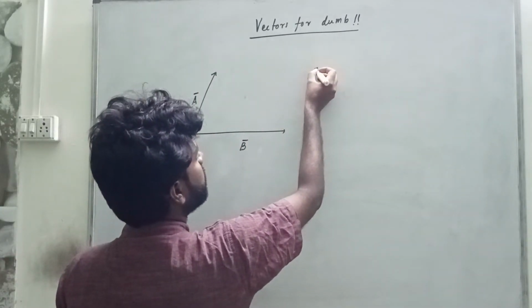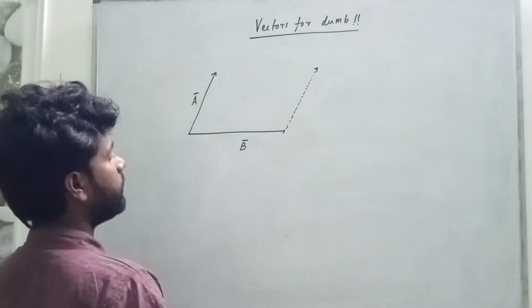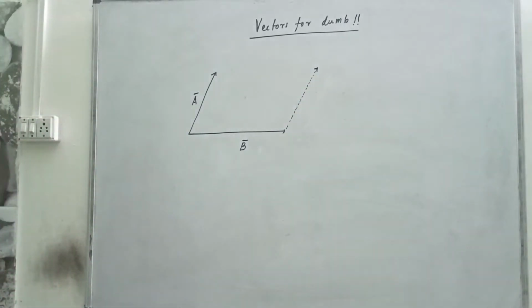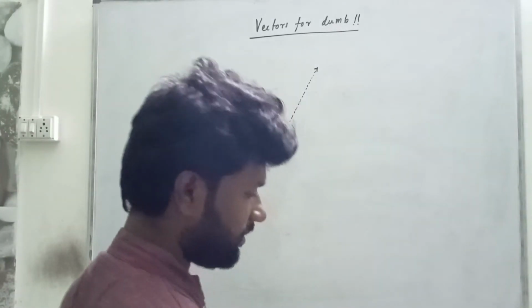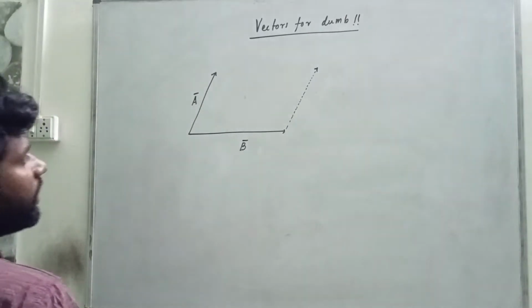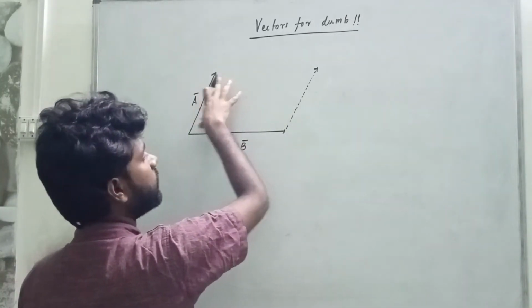It is permissible to shift because you know the parallel transformation theorem of vectors.